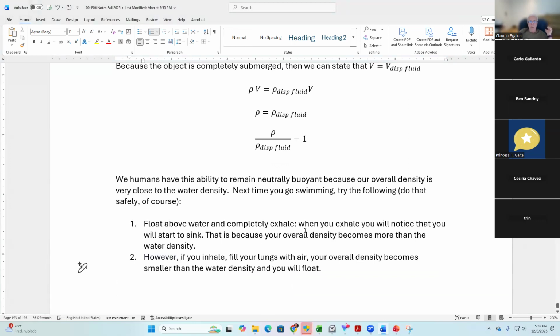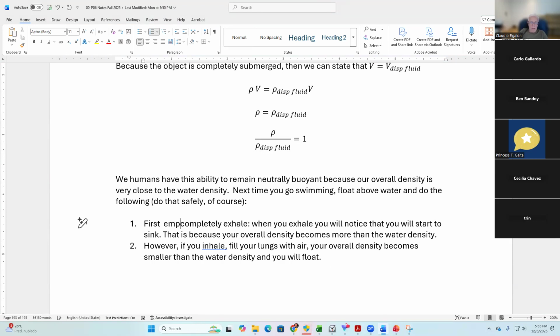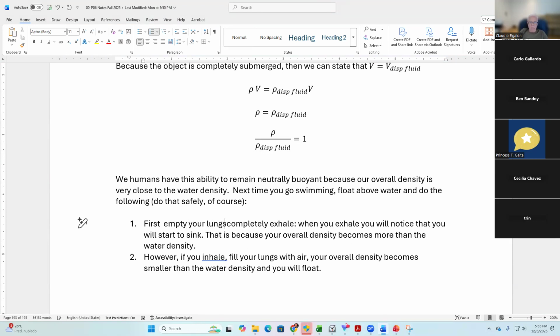Next time you go swimming, float above the water and do the following. Do that safely, of course. First, really exhale. Empty your lungs of air. Completely exhale.